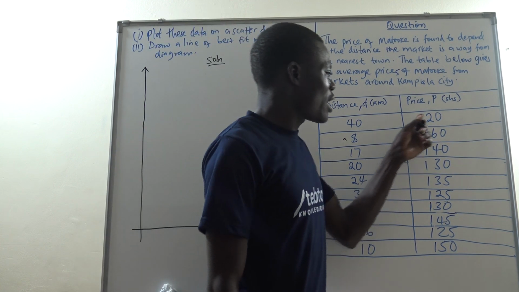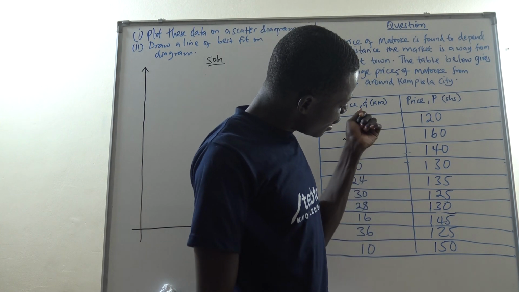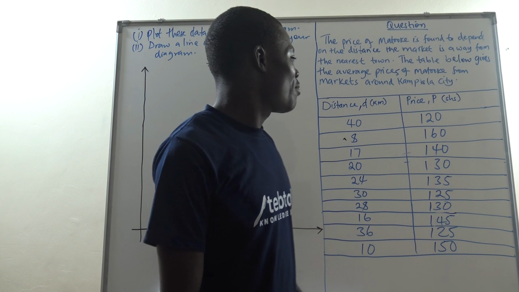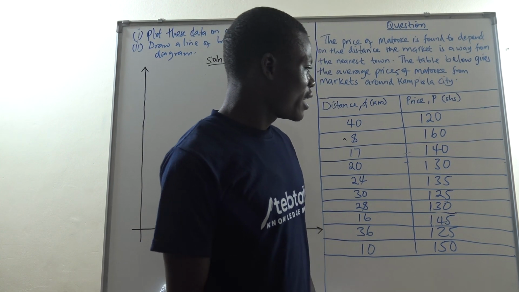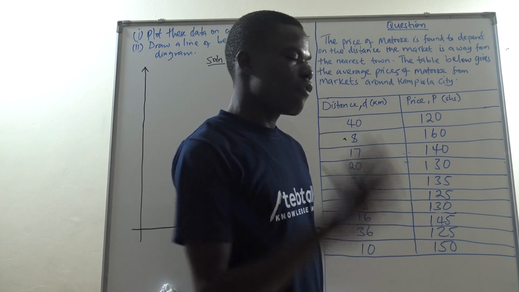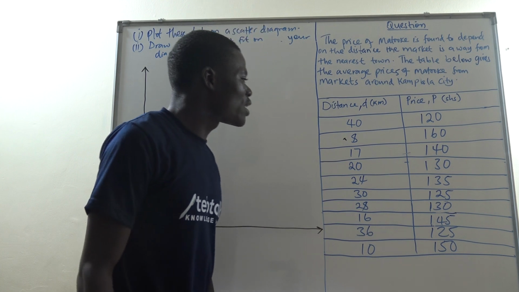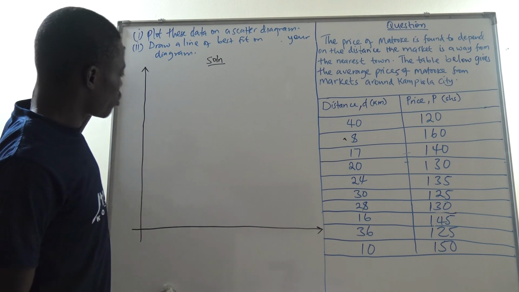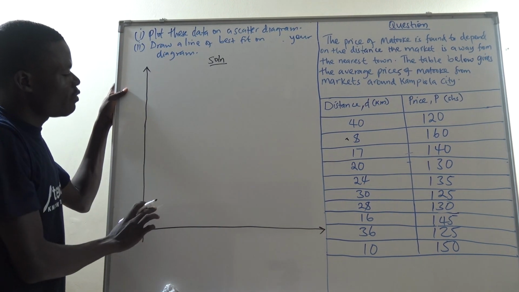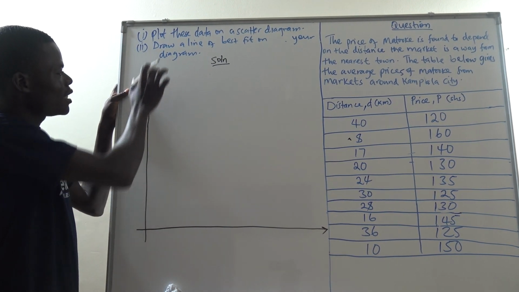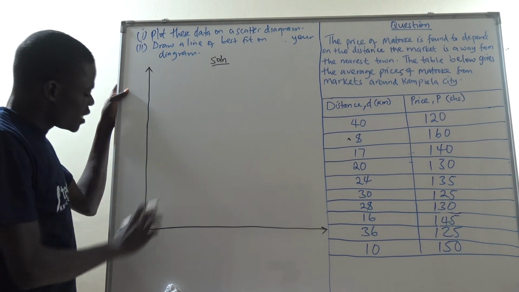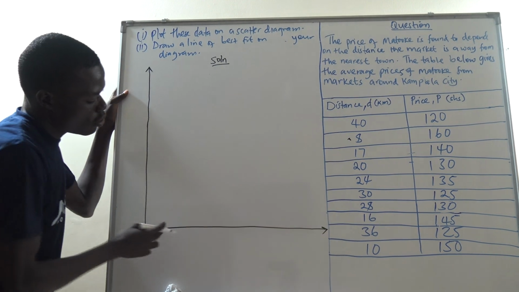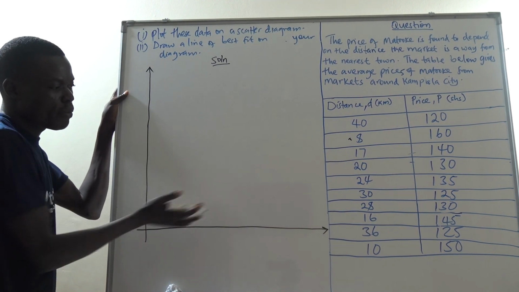Then we come to price P. The smallest is 120, and the highest is 160. So the range between those two is 40. For my case, I can plot distance on the vertical, because this one gives me the smallest axis, or the smallest height, and I put my price P on the horizontal, because P is the longest when you compare with my graph.